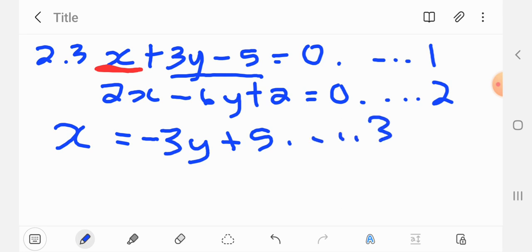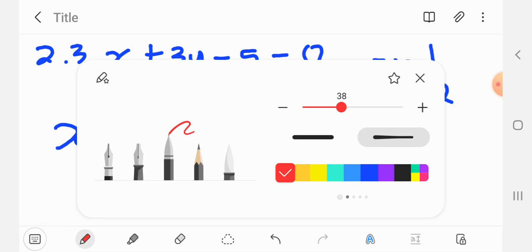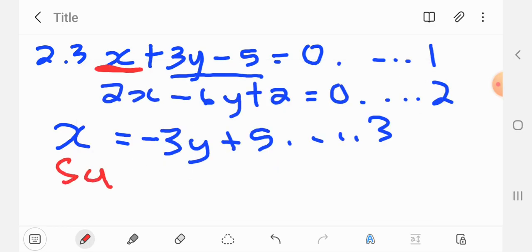Okay, so what's gonna happen here, we substitute equation 3 into equation 2. Wherever we see x, we write negative 3y plus 5.